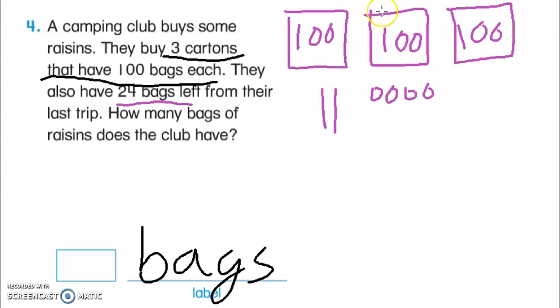Does it look kind of familiar to you guys? It should. So I have how many bags in all? Remember, I don't have 1, 2, 3. I have 100, 200, 300, 24. So I end up with a total of 324 bags.